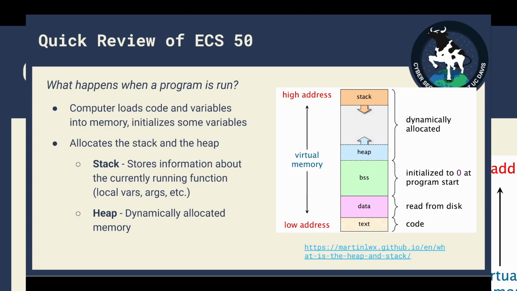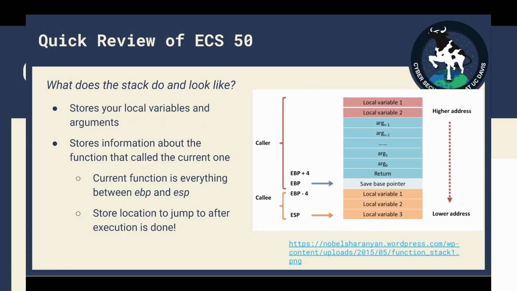Then after that, you have your stack, which stores a bunch of variables about your running program, the function variables, the arguments and whatnot, and then you have the heap where all your mallocs, callocs, and memory issues usually come from. So that's what a program looks like when it's written into memory.